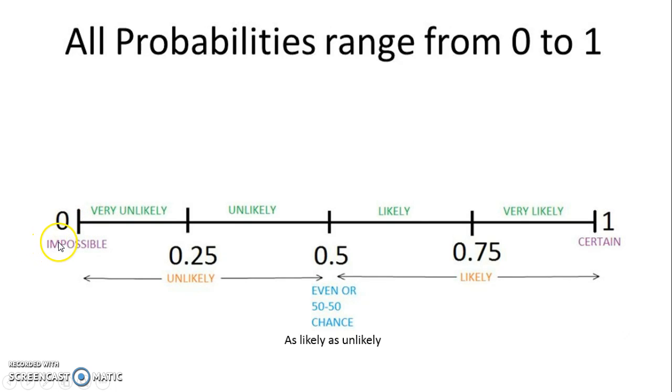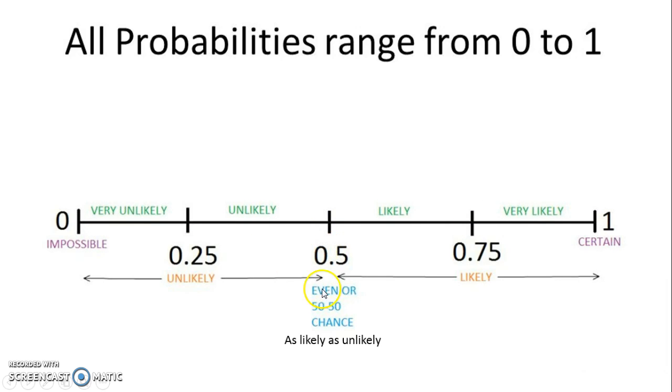It only goes from 1 to 6, okay? And then on the other end of the spectrum related to dice, if something is certain, it has a probability of 1. So on a dice, the probability of getting a number 1 through 6 will happen every single time because those are your options, 1 through 6.